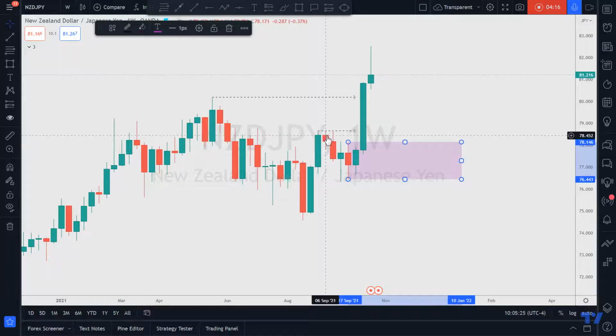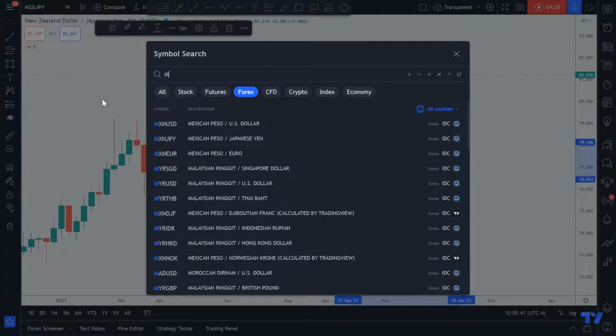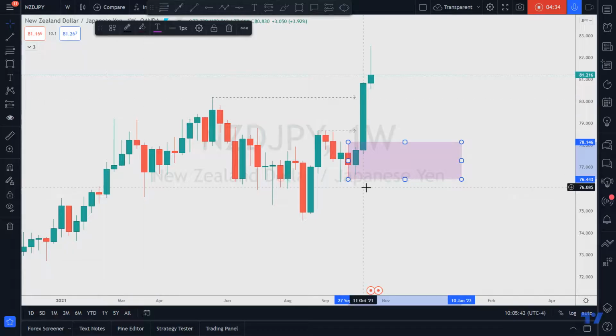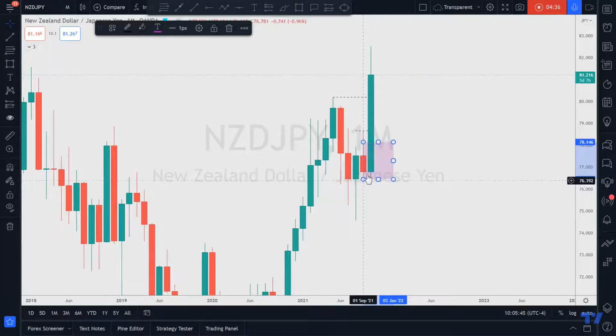To mark supply, you're marking the whole down move. If you go to the 3 month or monthly time frame, we can take a peek at it real quick. You can see this turns into that bullish engulfer.